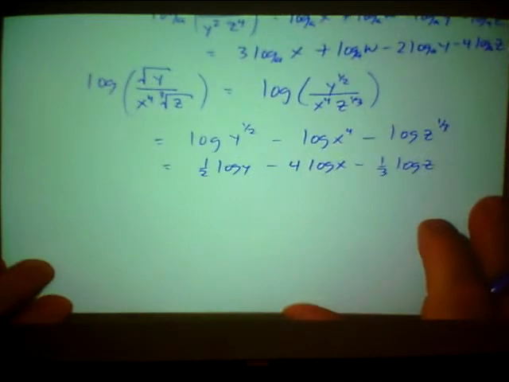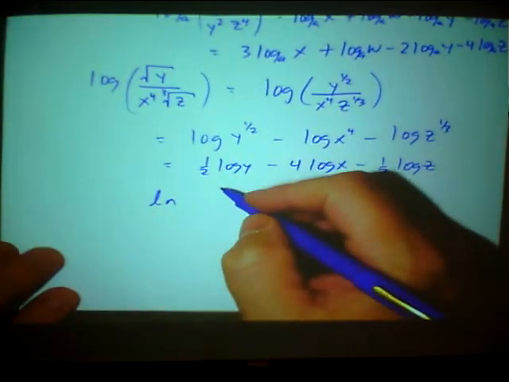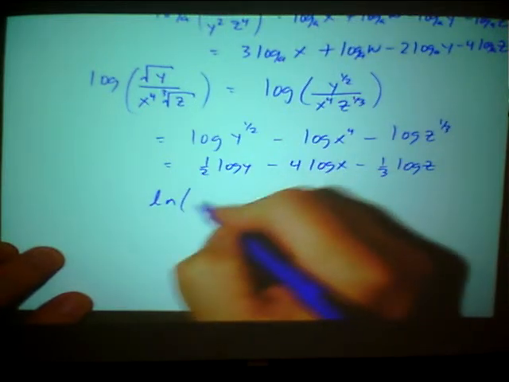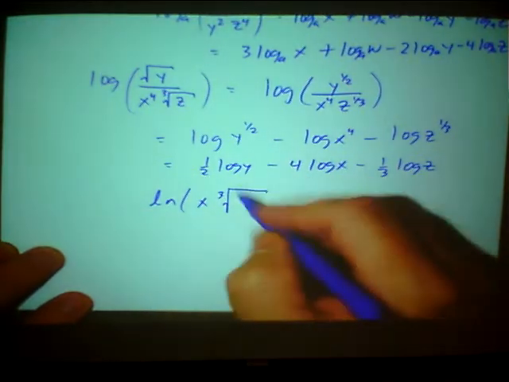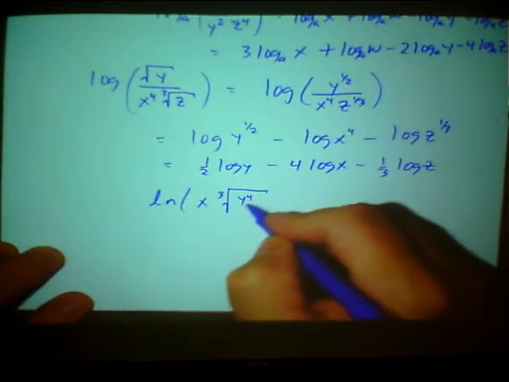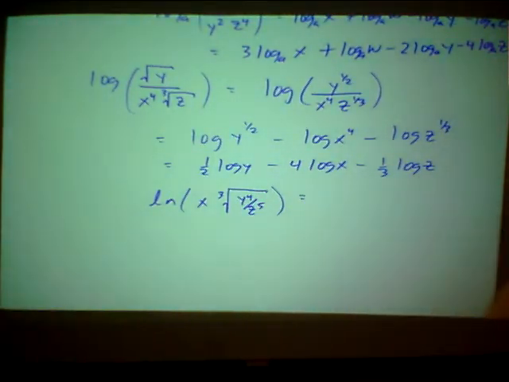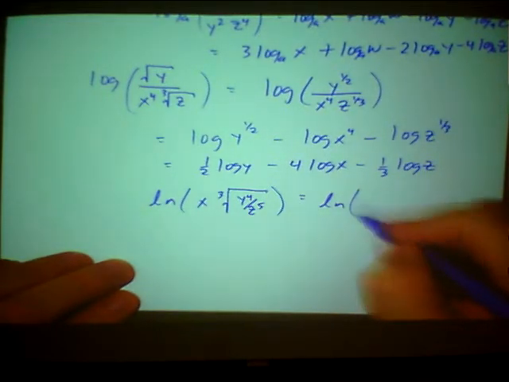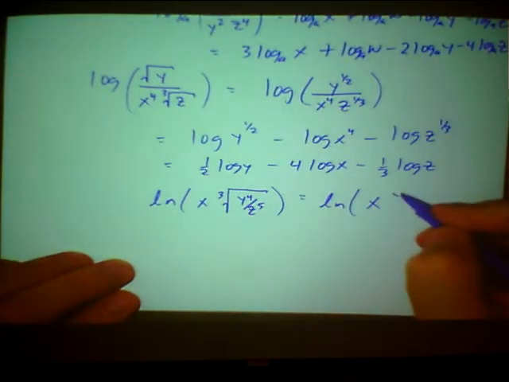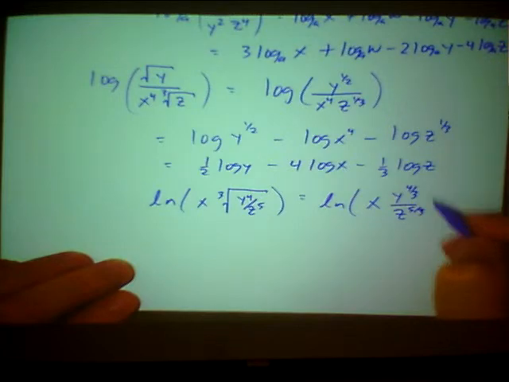Maybe do one last one that I thought looked interesting. Maybe it's not too hard, maybe it will be hard. Let's do a natural log of x times the cube root of y to the 4th over z to the 5th. Wow. First step is, let's get rid of that radical. So I think when we do it, we'll have x times y to the 4/3 over z to the 5/3.